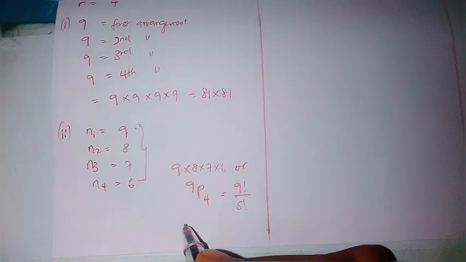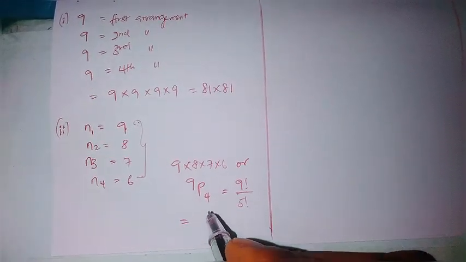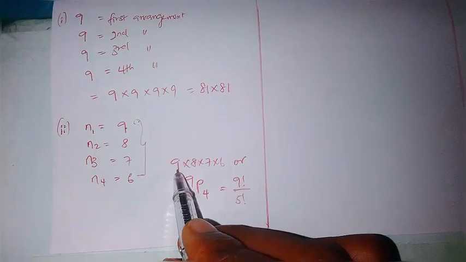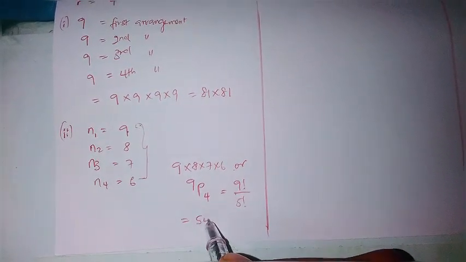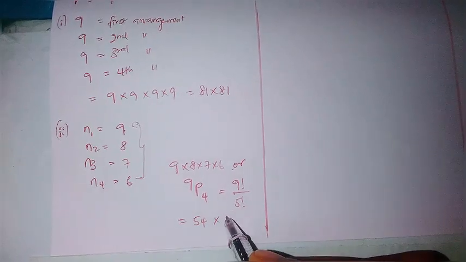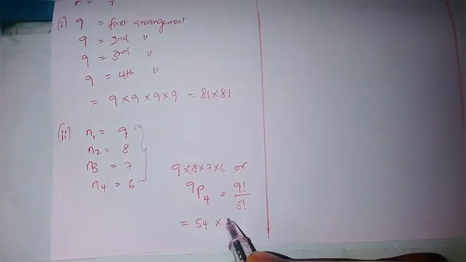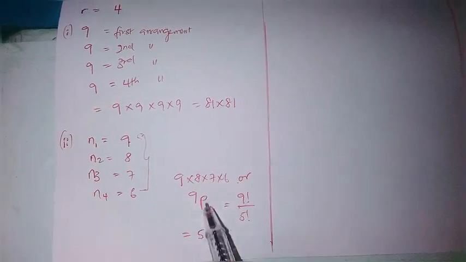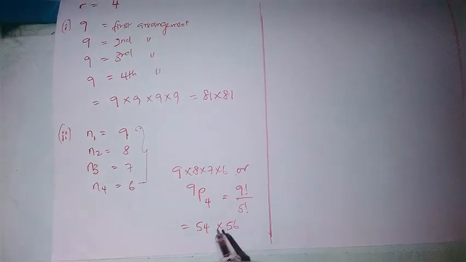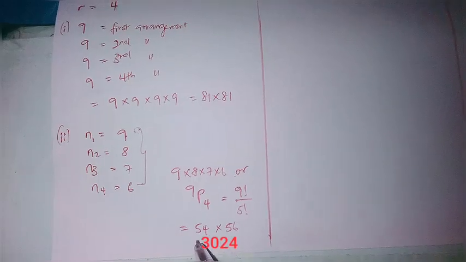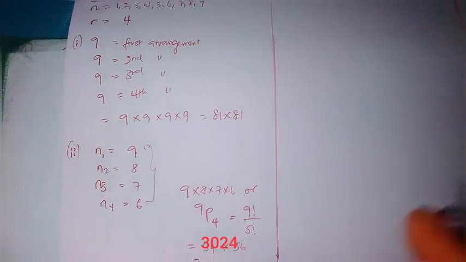So whatever I get by multiplying would be the answer. So 9 times 6 here is 54. 7 times 7 is 49. 7 times 8 is 56. So on multiplying, you get your answer. So that's for this.